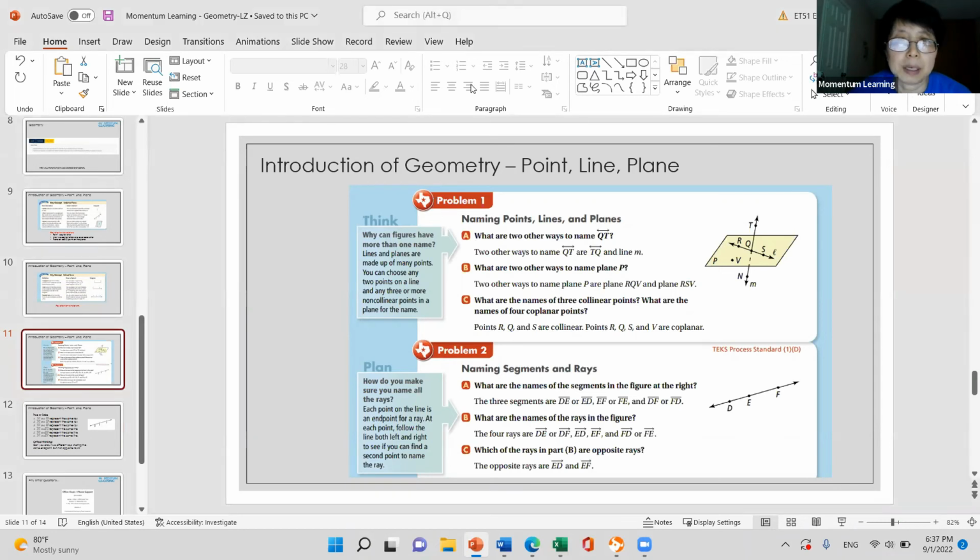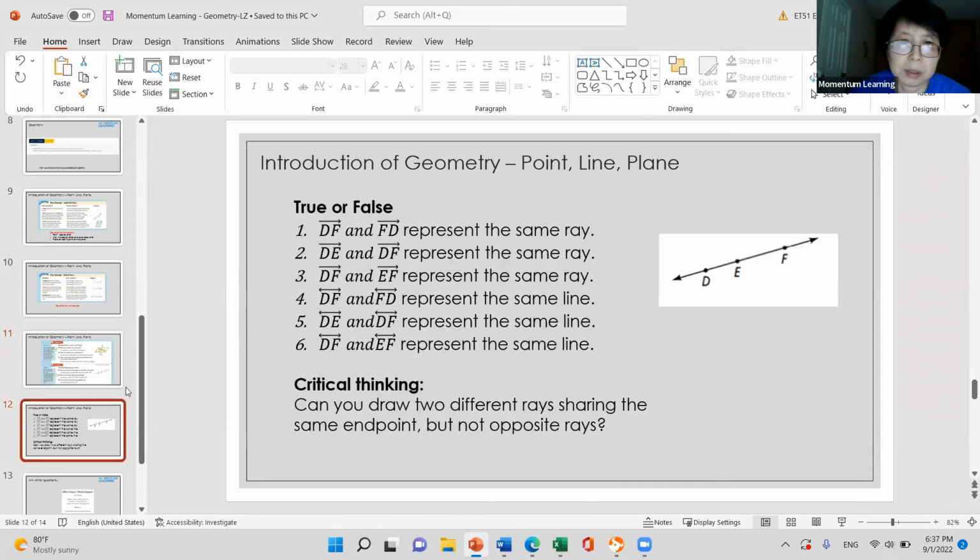I'm going to give you a few true or false questions. They are going to test that you have a clear understanding of this concept. The first one: the ray shows one direction.